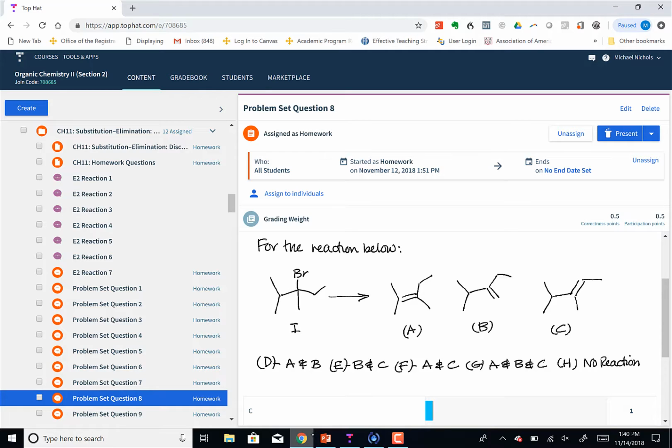So I suppose that's true. But when else would it not? The requirement for E2 is what kind of hydrogen? Anti-periplanar, so it's possible you may not have a hydrogen that's anti-periplanar, but once you go to E1, that hydrogen could be lost. So they sometimes do, but it's not a guarantee.